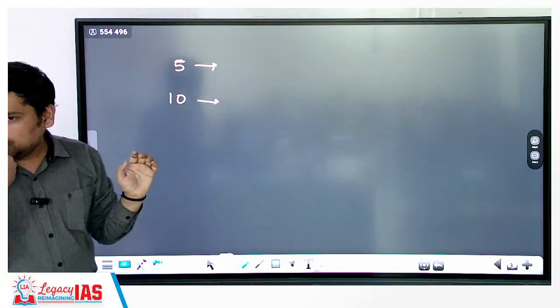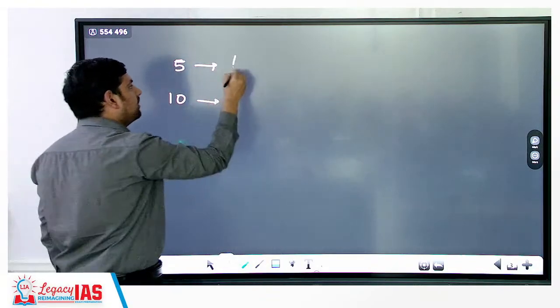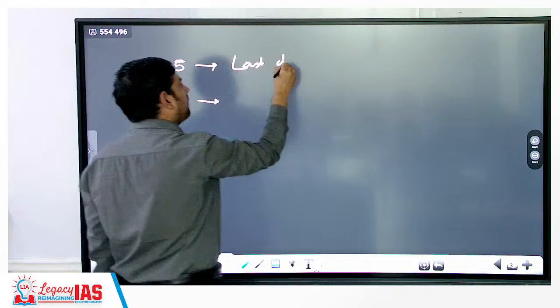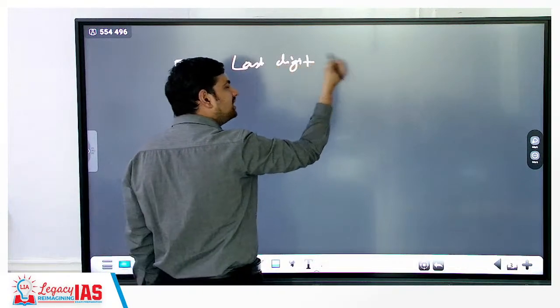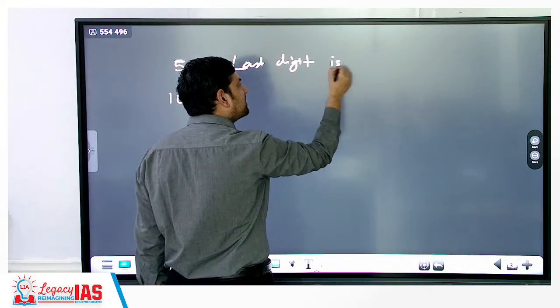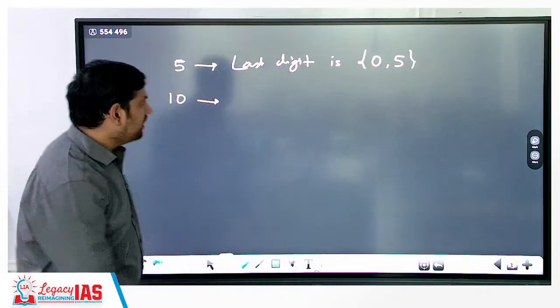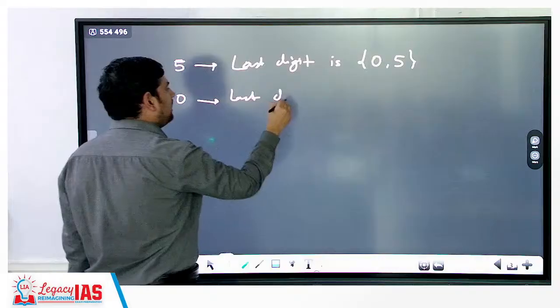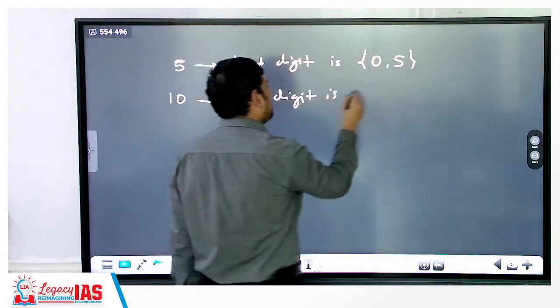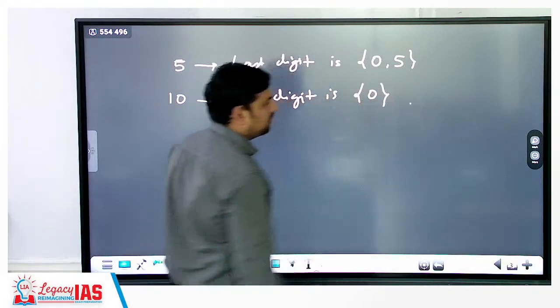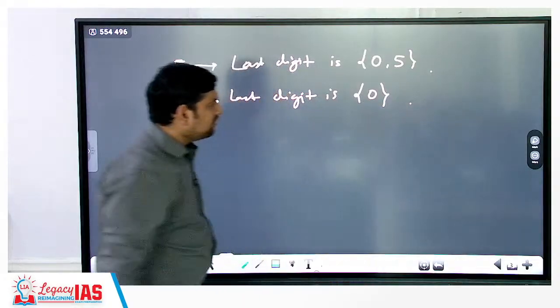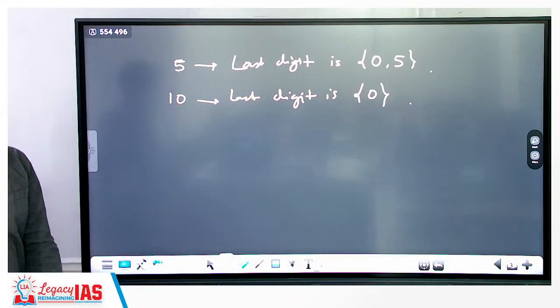What is it? Last digit is a multiple of 5, or last digit is 0 or 5. Correct? Here last digit is 0. This is the divisibility rule of 5 and 10. Correct? Now we'll do some PYQs.